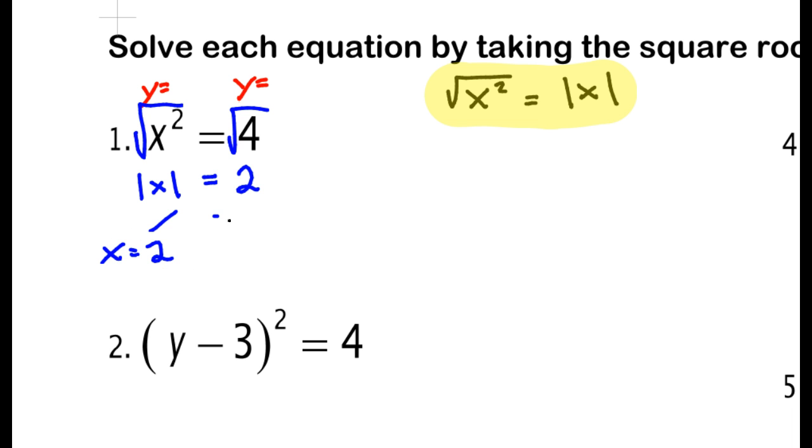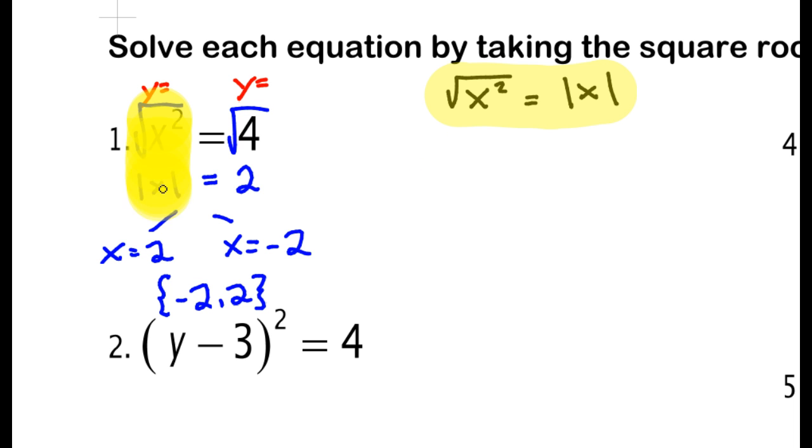X equals 2, x equals -2. And you can write your final answer like this. So I have that written down. Big idea is right there. Square root of x squared is absolute value of x.